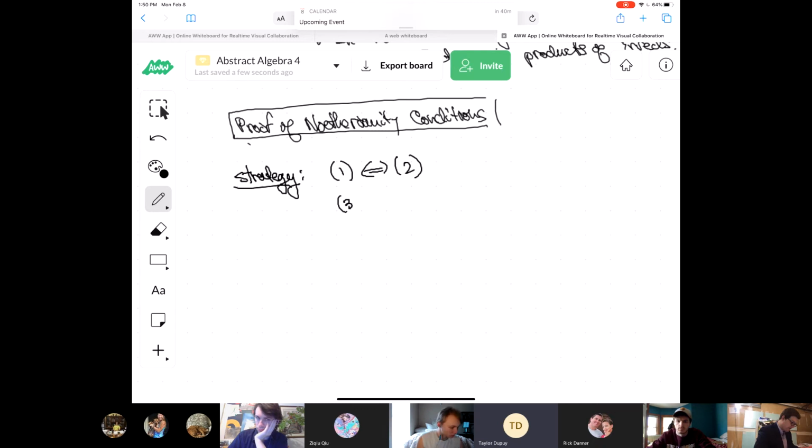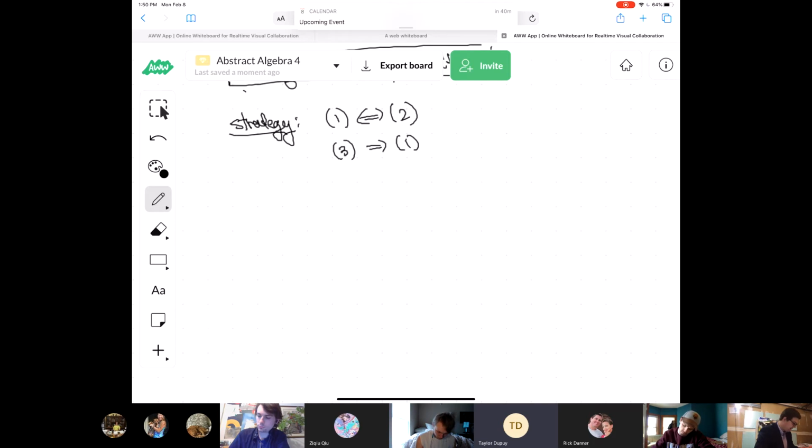Okay, so we're going to do 3 implies 1. And then I think 2 implies 3. Right, so these are the elements of the proof.